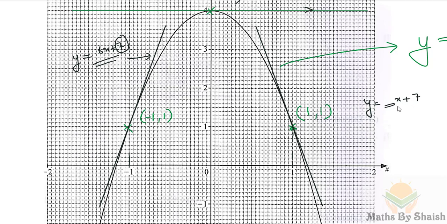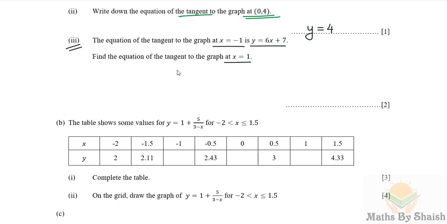Now we need to know the gradient of the line, and we can see this gradient would be exactly the same, but this line is having a positive slope, and this will be having the negative slope. I hope it is clear. Let's discuss the next question now. So we will write the equation of the tangent to the graph at x equals 1 is y equals minus 6x plus 7.